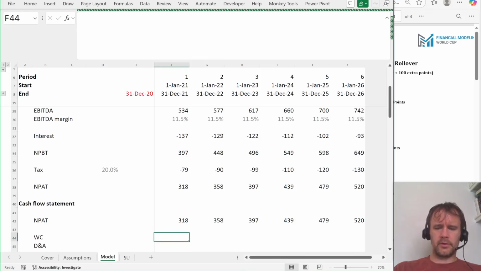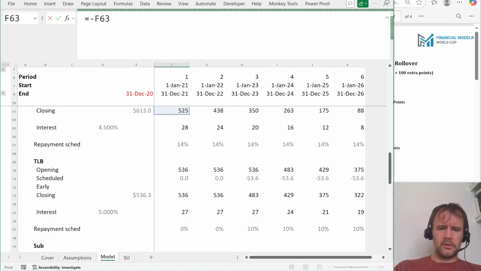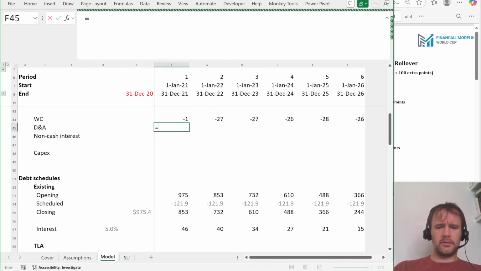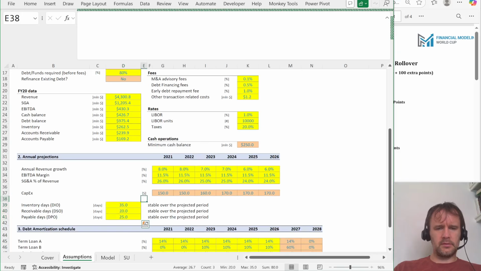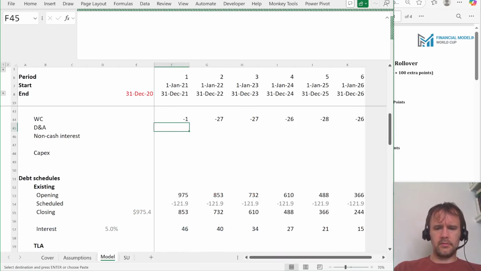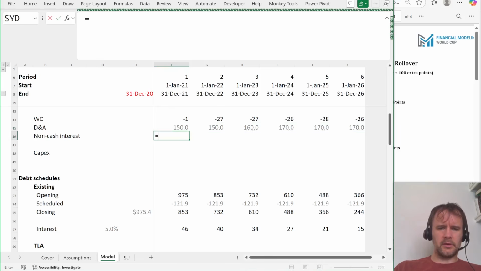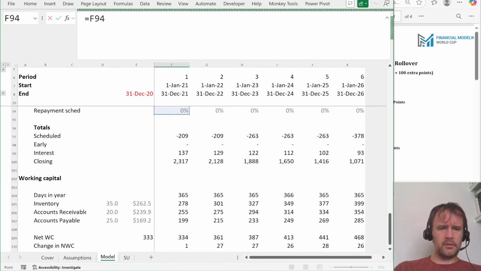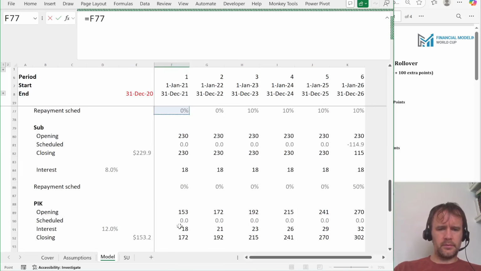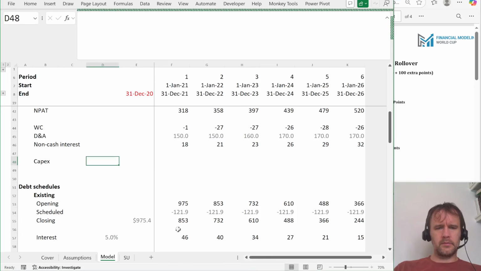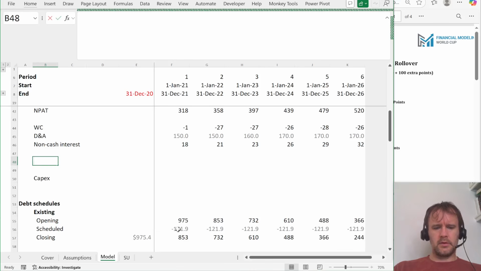So change in working capital, maybe the opposite sign of this. Adding back depreciation and amortization, that is here. So we're adding them back, adding back our non-cash interest, which is the PIK loan here. So then that's going to be our CF from operations.